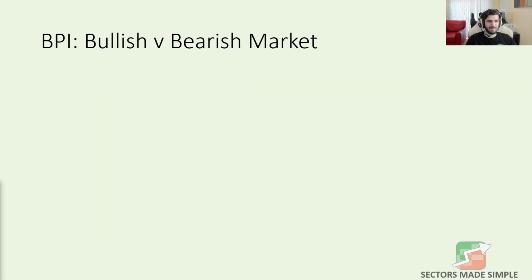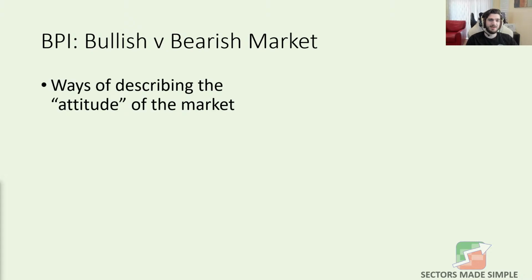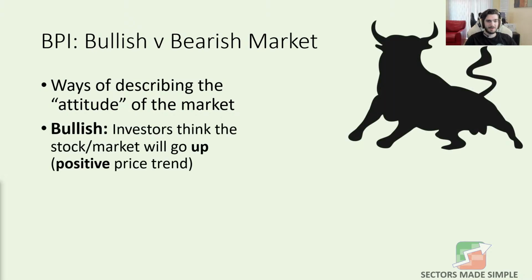Speaking of bullish and bearish, positive and negative, glass half full, half empty. BPI gives us a way of gauging the attitude of the market by saying, is it bullish or bearish? Bullish. Think about a bull's horns. They go up.